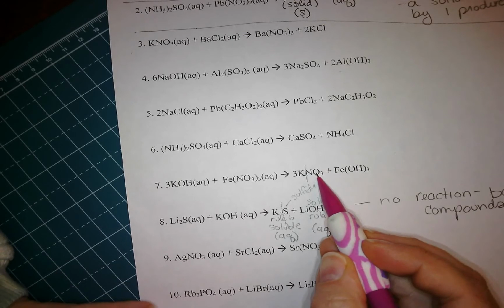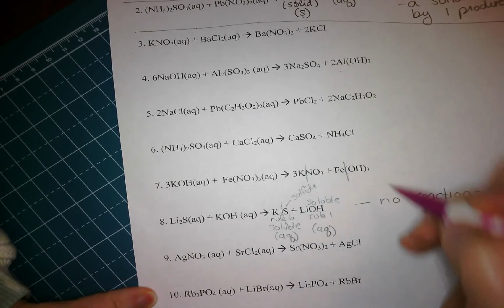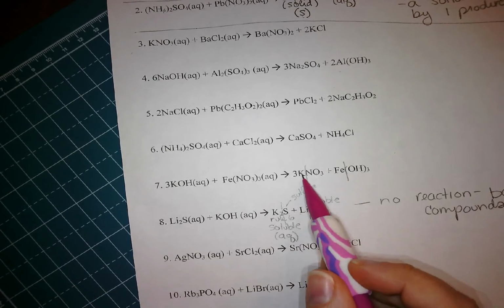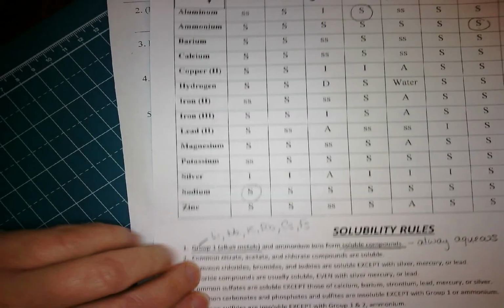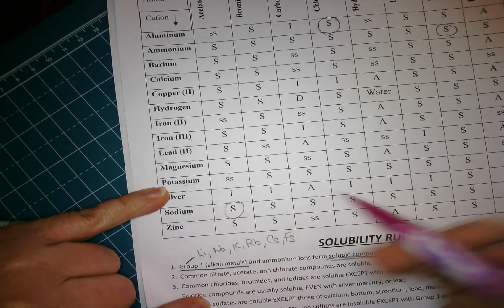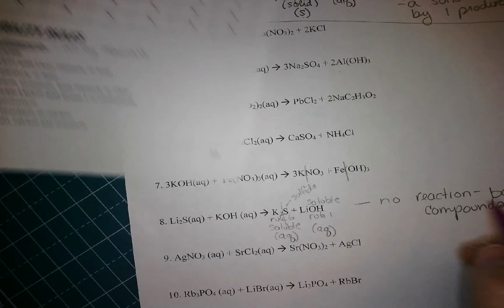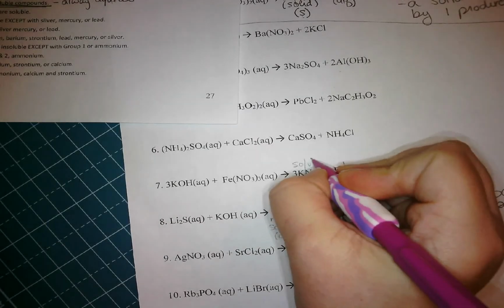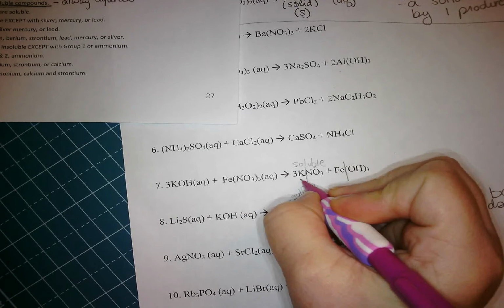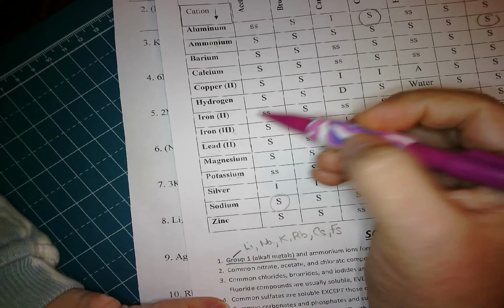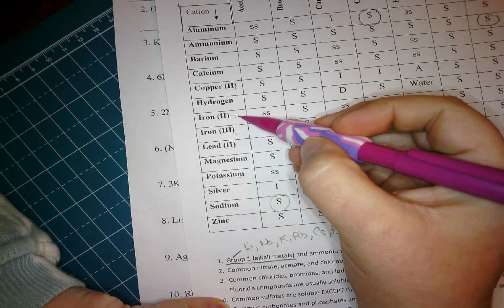Now, iron hydroxide. Uh-oh. I need to figure out which iron it is, right? And I can't say it doesn't matter because there are some differences in the solubility table. So let's see if we can calculate the charge. I'm going to do that up here a little bit so we have more space. I know the hydroxide is -1, and I've got 3 hydroxides, so this whole side's -3.